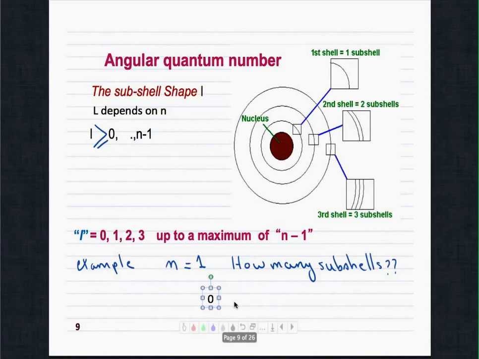It's going to be clearer when we go to n equals 2. For n equals 2, l can be any value from 0 to n minus 1, which is 2 minus 1, which is 1. That means l can be 0 and or 1. Does that make sense?